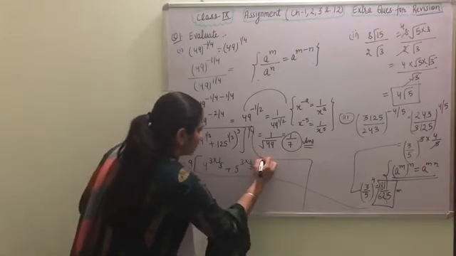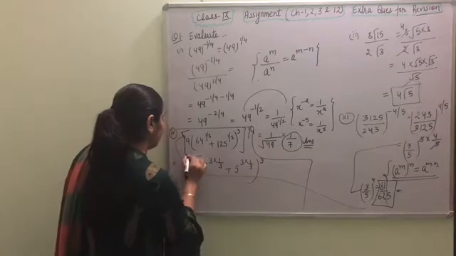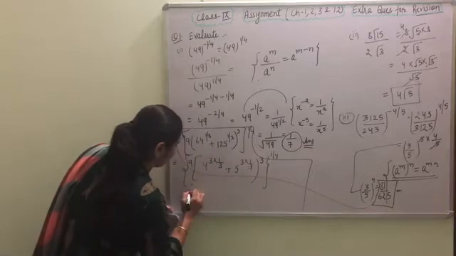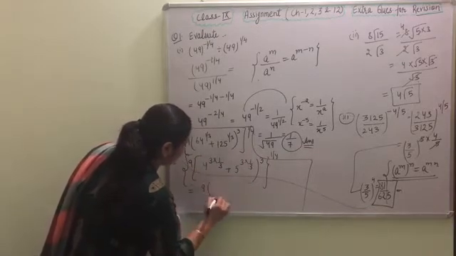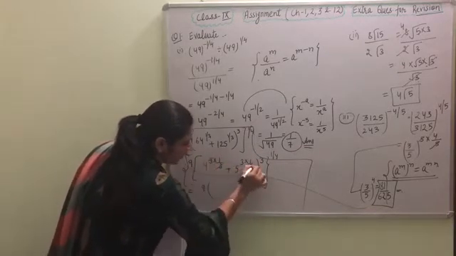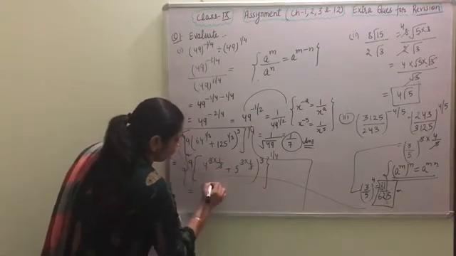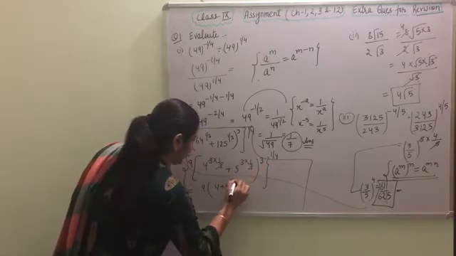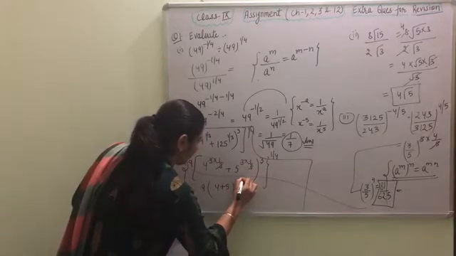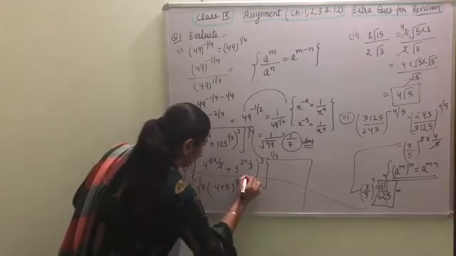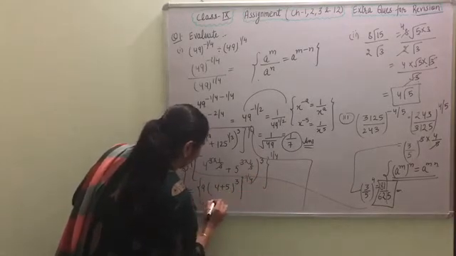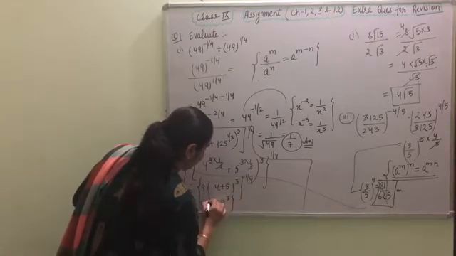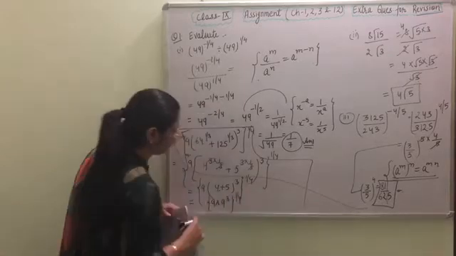The power is here 3, and then the whole power is 1 by 4. 9 into this 3 and 3 cancelled, again 3 and 3 cancelled, 4 plus 5, here the power is 3, and then again the whole power is 1 by 4. 9 into 9 raised to the power 3, whole power 1 by 4.